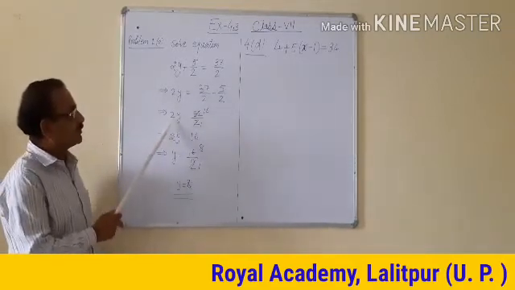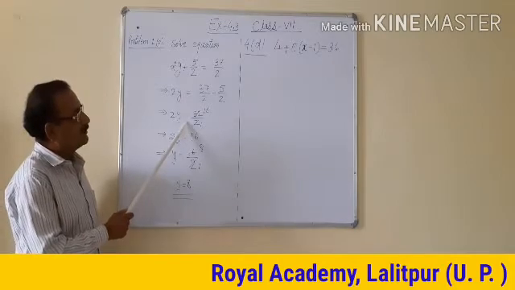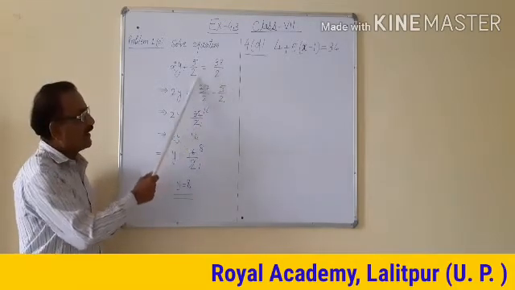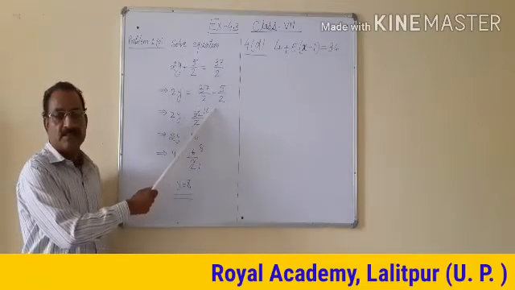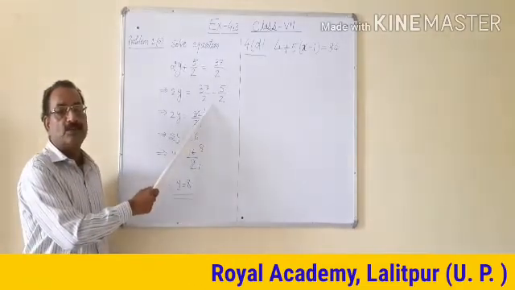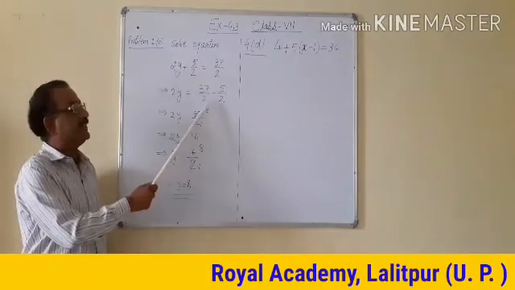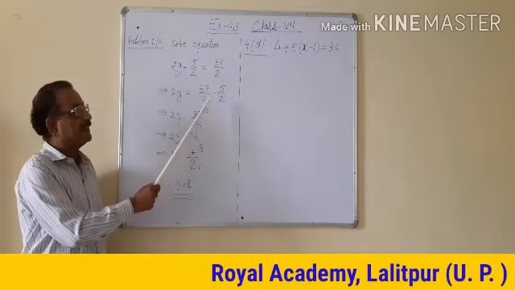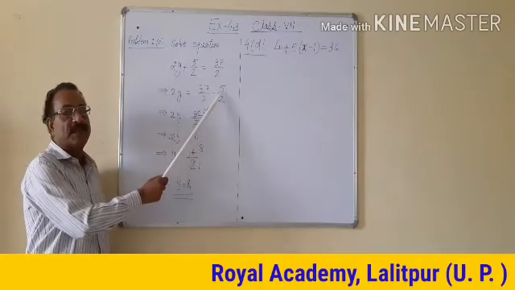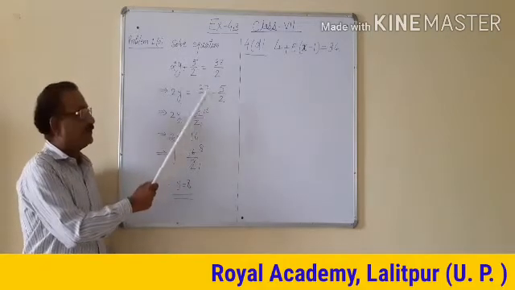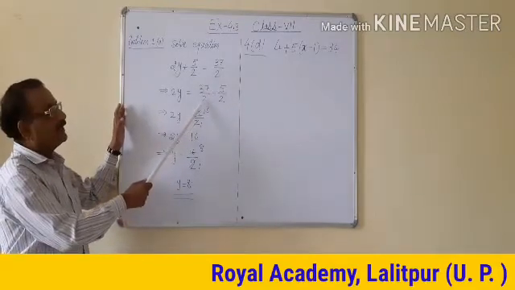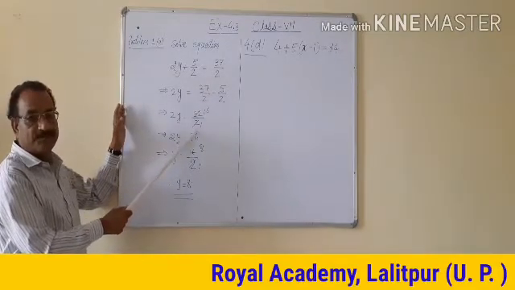Now it becomes 2y equal to 32 upon 2. Since these are like fractions, there is no need to take the LCM of the denominators. In like fractions, we directly add or subtract the numerators. So here 37 minus 5 is 32, and the denominator remains the same.